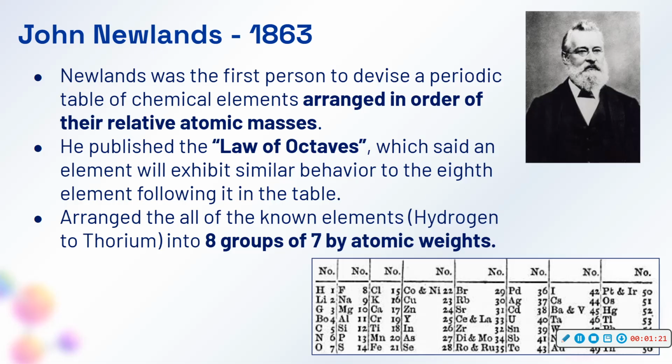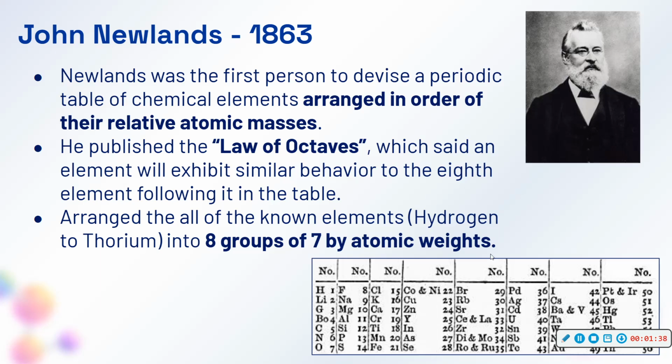He published the law of octaves, which says that an element will exhibit similar behavior to the 8th element following it in the table. And he arranged all of the known elements into 8 groups of 7 by atomic weights.